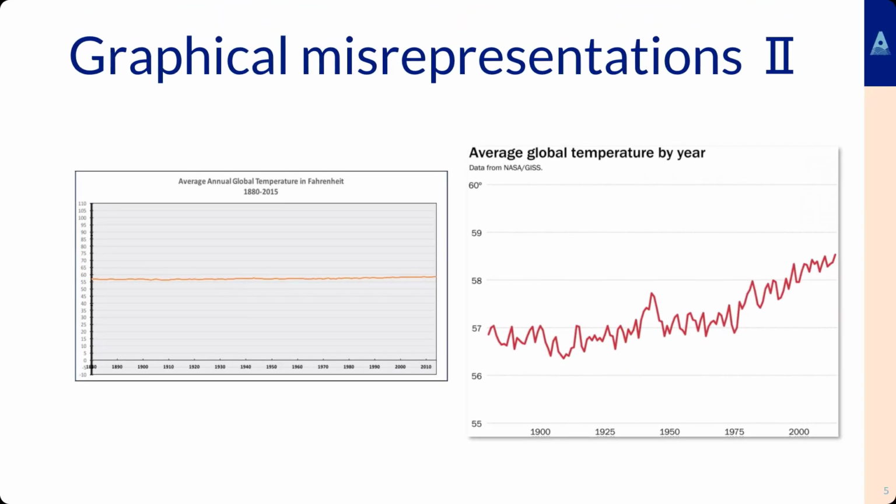If we correct that, here on the right-hand side you can see roughly the same chart, but the y-axis is set from 55 to 60, because in an ecosystem, global temperatures can only really vary, even over thousands of years, by single digits or maybe 10 degrees Fahrenheit, not 50 or 60.